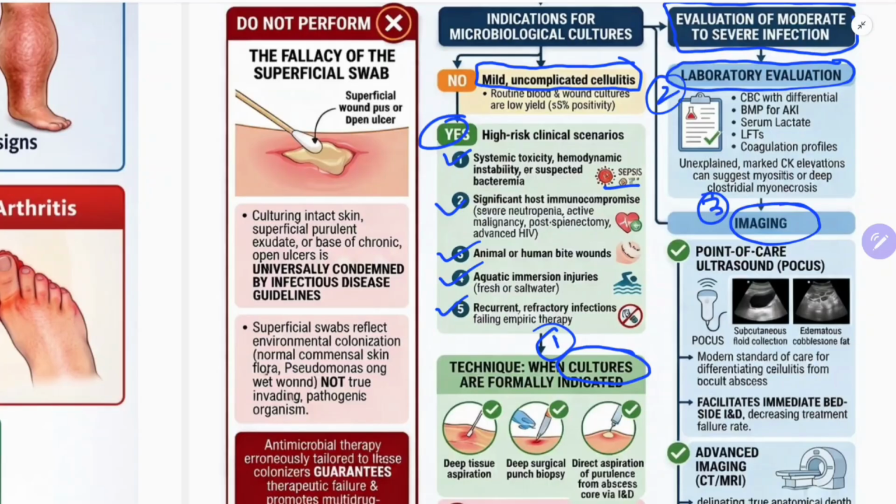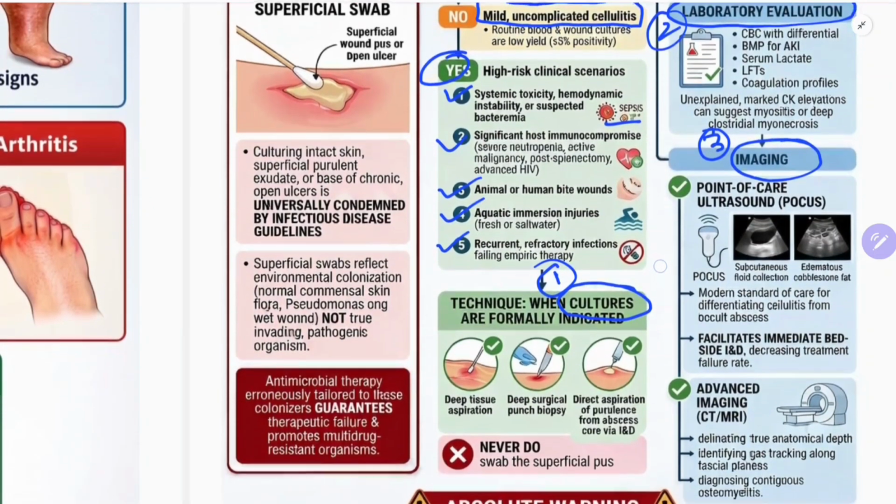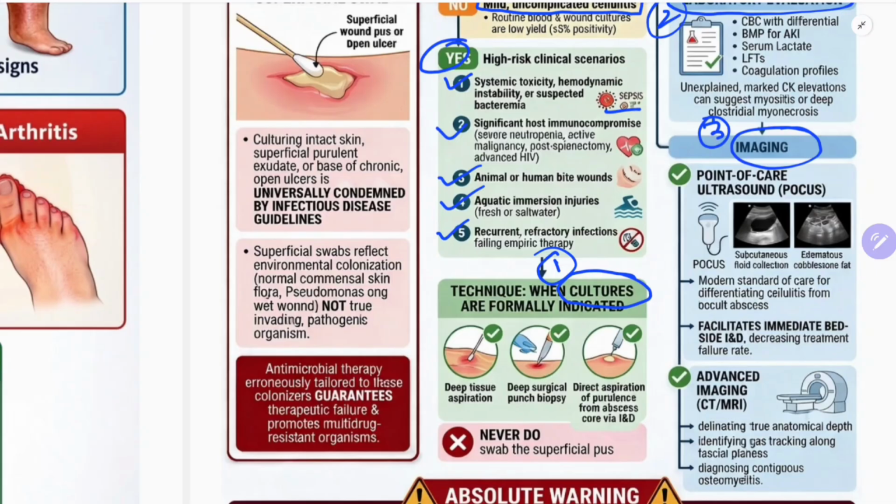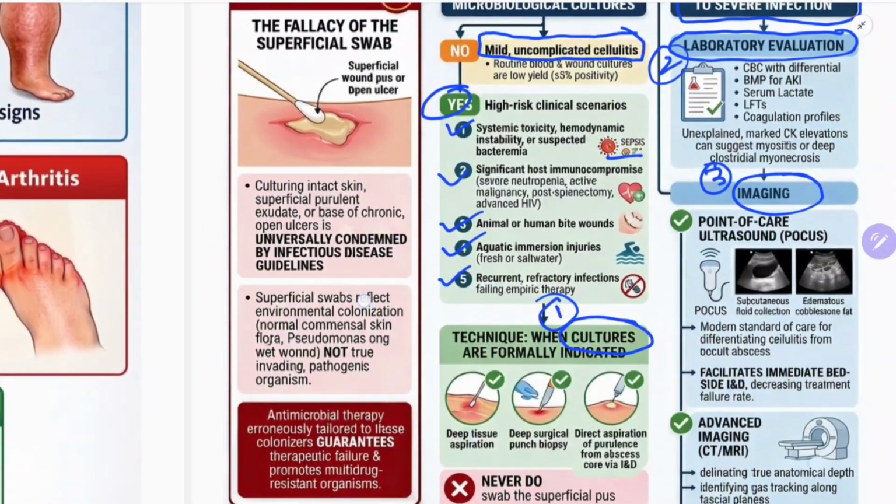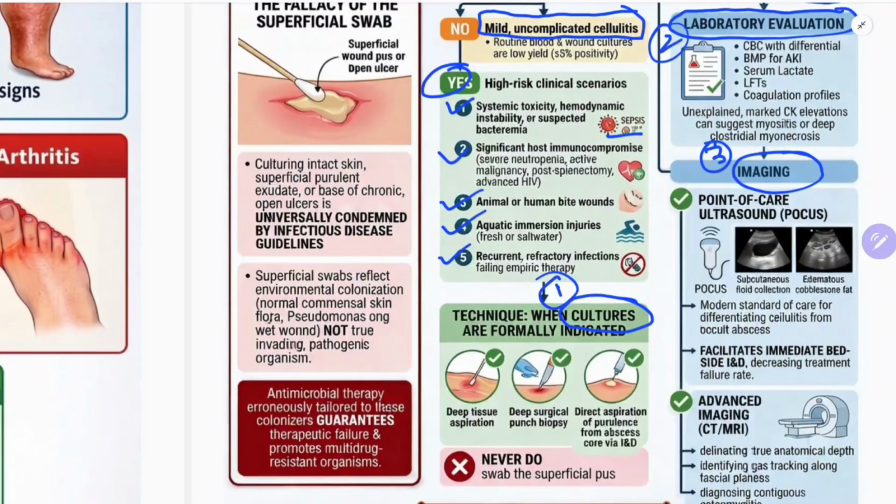Okay, so culture is required, remember just one thing, in moderate and severe infection, in special exposures, and if therapy has failed. So when to take cultures, I have explained now. And how to take culture, and what things should not be done while taking culture.